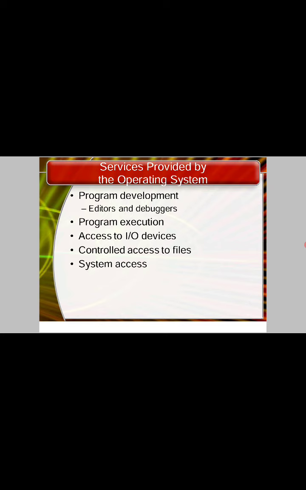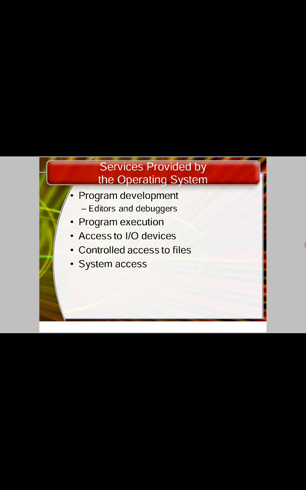What are the services? Running programs or application programs, languages, software, editors and others. Access to IO devices means operating systems are used to access various input and output devices like keyboards, printers, and monitors.